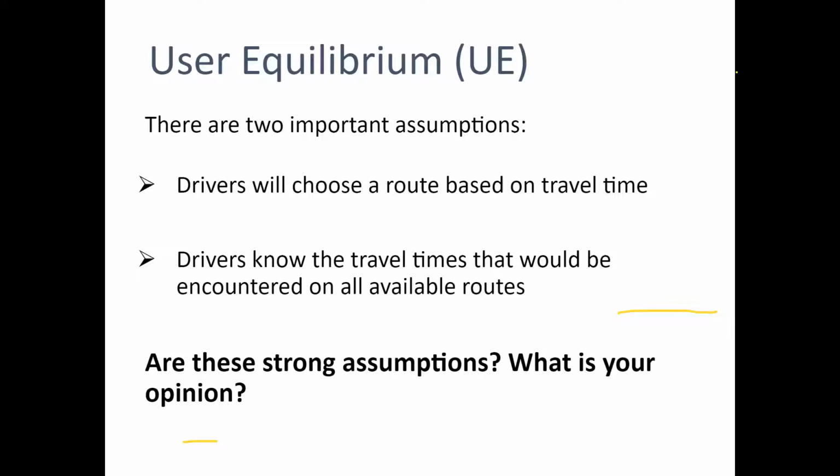Now, this is an interesting one, because that might change things around, especially when you're talking about non-commuter travel. For commuter travel, I think that perfect information also comes from experience, right? If you're using a route based on your experience, as a commuter you might not even be looking at Google Maps at all.